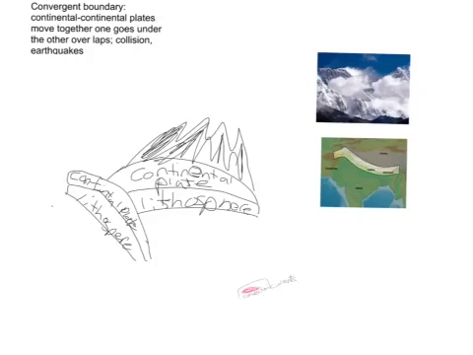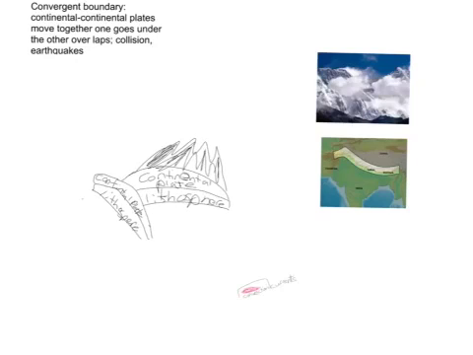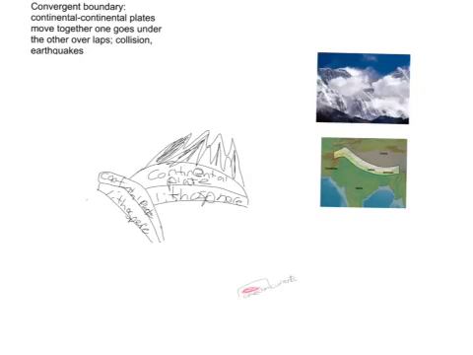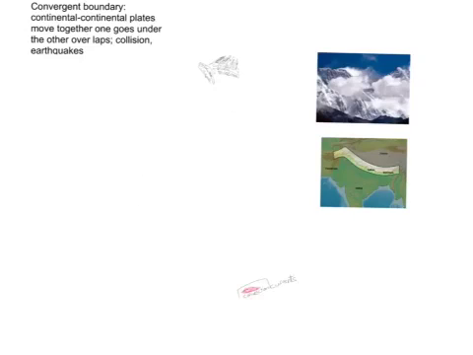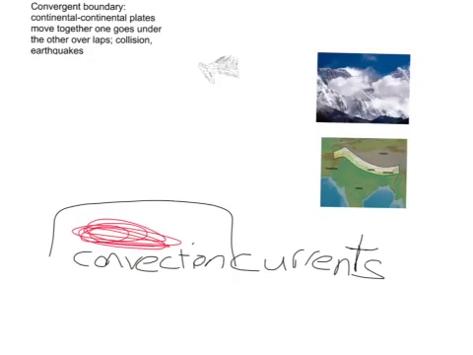Convergent boundary, continental, continental. Both continental plates collide, and one of them overlaps the other. This one sinks down below, and this one goes on top, which this one right here will get recycled. Yeah, even the earth recycles. Now, the reason for this is because of the convection currents.